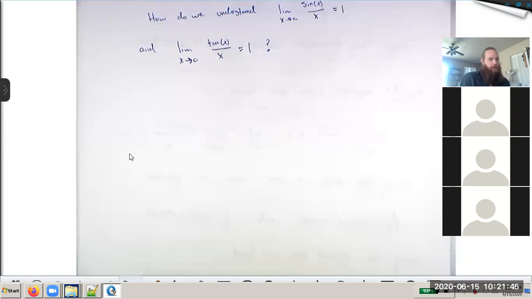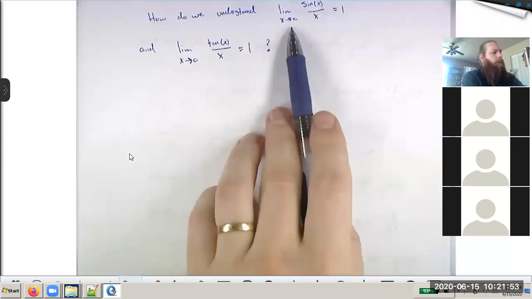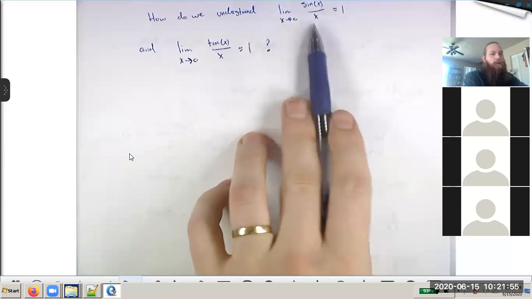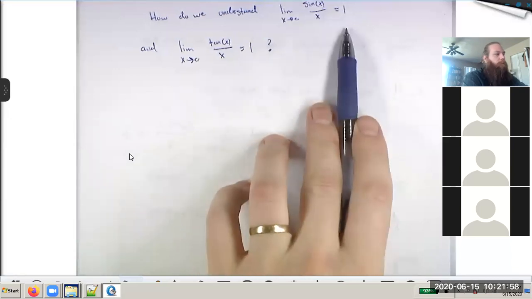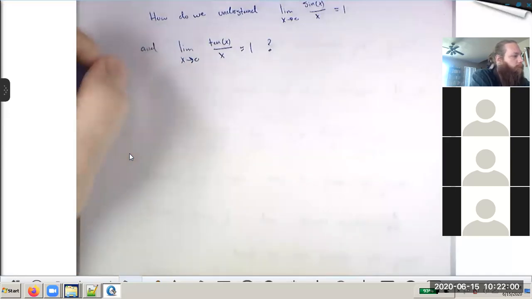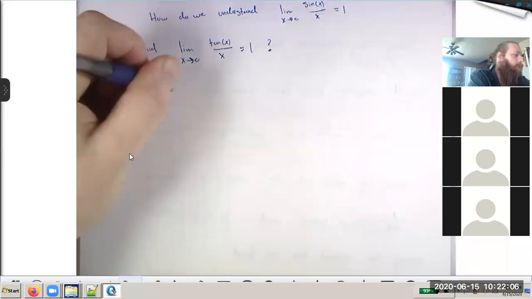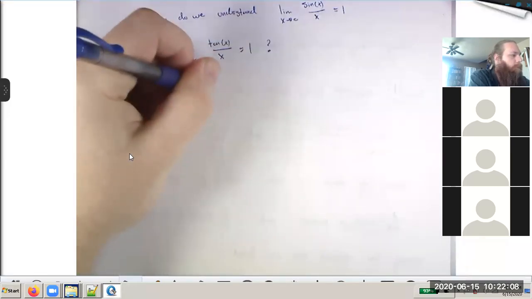We've seen that you can get the tan x over x limit from the sine x over x limit. But how do we really understand these? What are these really saying? When I say the limit as x approaches 0 of this is 1, let's just take one of these.